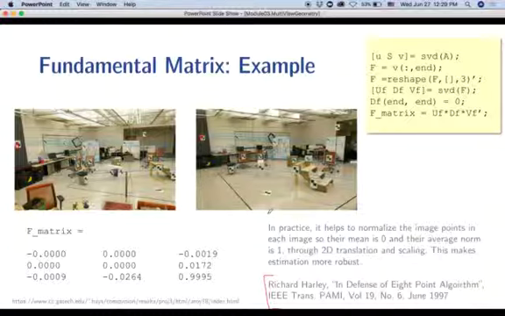Okay, so how would you do this correction? That's just a translation and a scaling in 2D, right? You can find the average value of your pixel correspondences in the left image and the right image separately, and then subtract that from every pixel coordinate, so the average becomes 0. And then you can find the norm of all those vectors on average and just divide by that norm. So then the norm becomes 1.